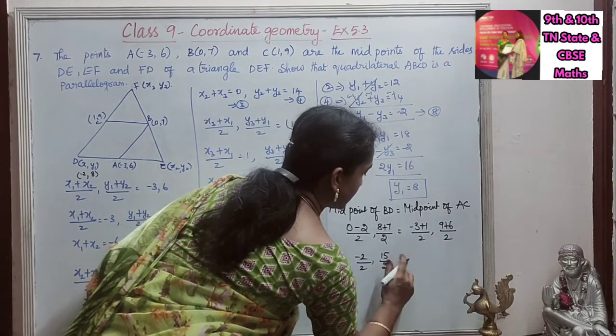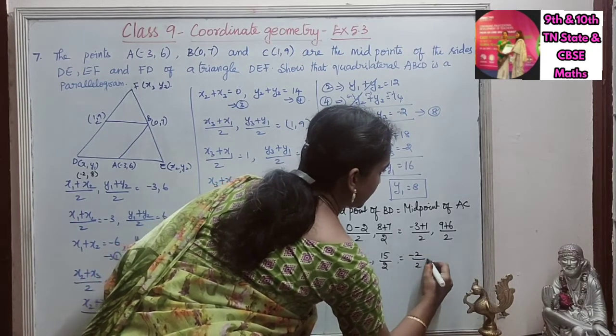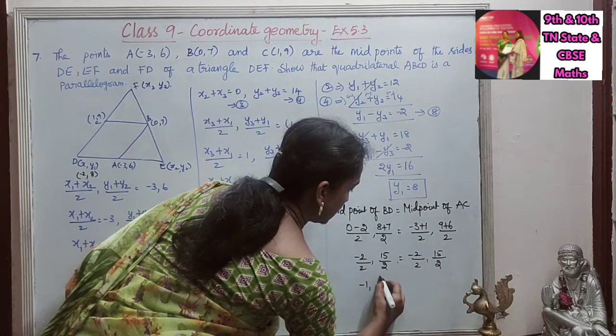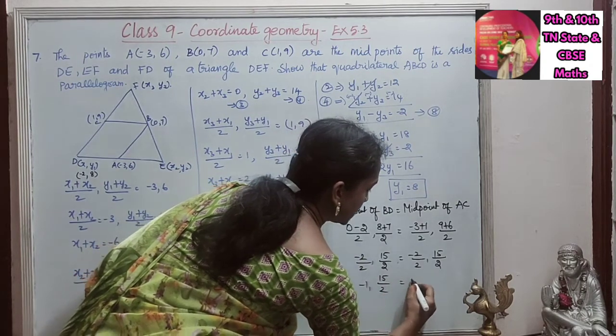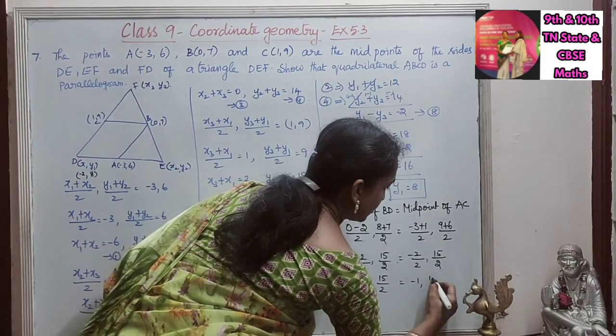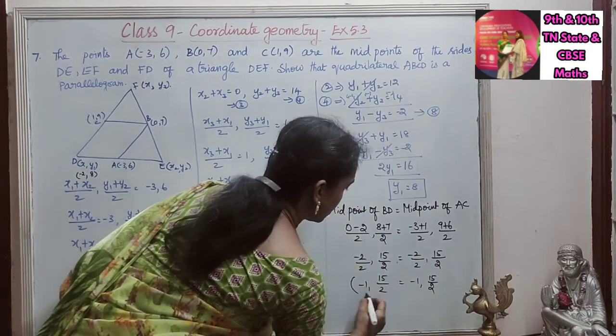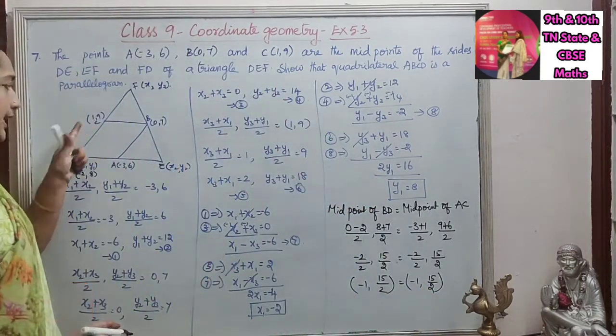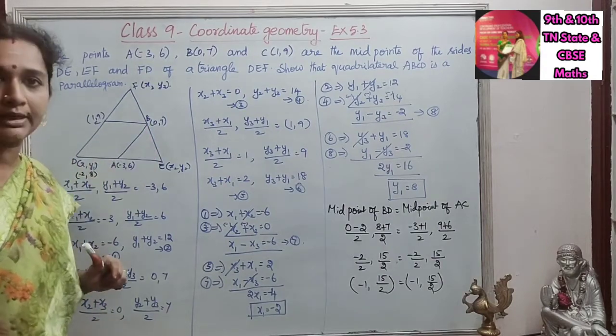So this is minus 2 by 2, comma 15 by 2. So minus 1, comma 15 by 2 is equal to minus 1, comma 15 by 2. So both the midpoints are equal. Midpoint of AC is equal to midpoint of BD.